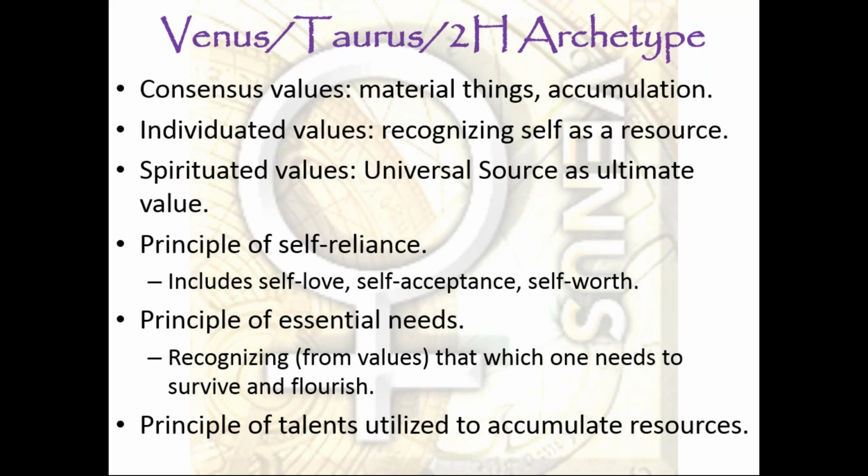Then they become, again, personal values and an essential need from our perspective, but they're needs that allow us to flourish. It's not necessarily something we need to physically survive. So that principle of essential needs includes survival needs and our personal needs from our personal values.